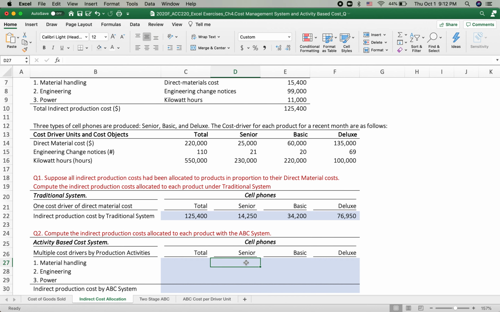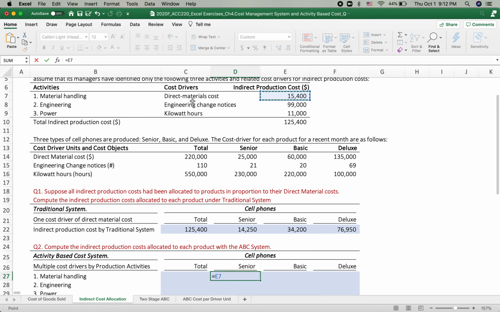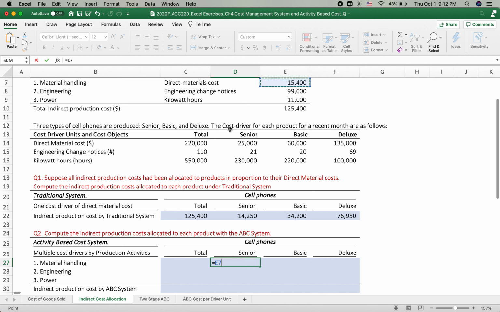Now we start from this material handling with the cost driver direct material cost, right? So we want to allocate this amount into here. Where do we go? Here, 25,000 divided by the proportion cost driver for the material handling activities.